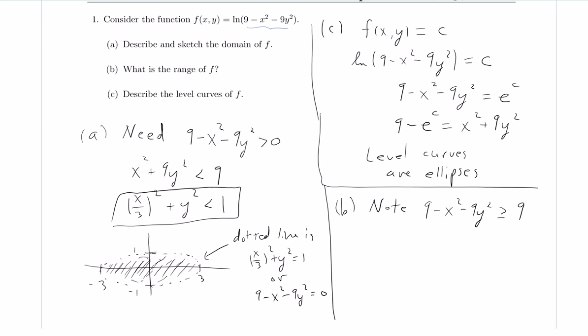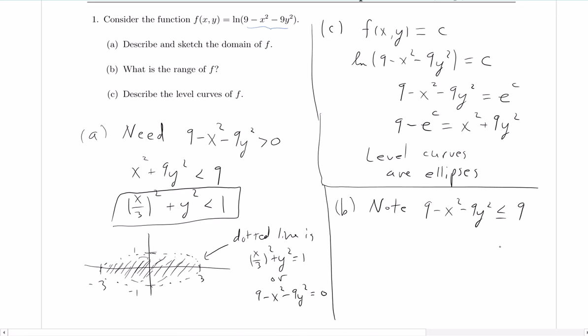And that's just because x squared and y squared are always non-negative quantities, and they're being subtracted from 9. So this quantity is 9 minus something positive minus something positive. Right, 9 is the maximum value that this can take. We're starting with 9, and we're subtracting two things that are 0 or positive. So it can only get smaller.